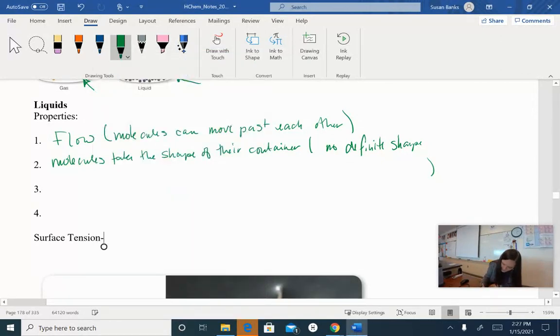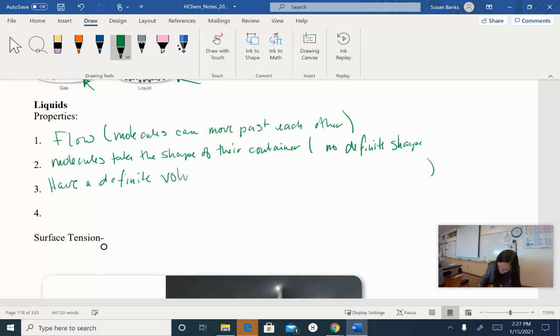So liquids have a definite volume. Because the molecules are close together, there is a volume. They will not expand to take the whole volume of their container. And because those molecules are close together, liquids are incompressible.